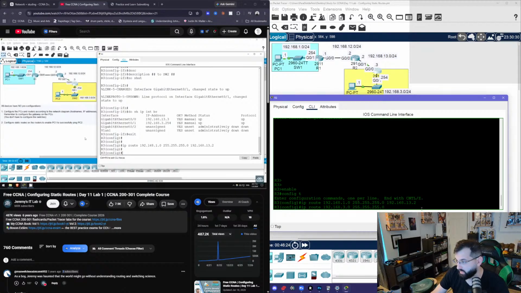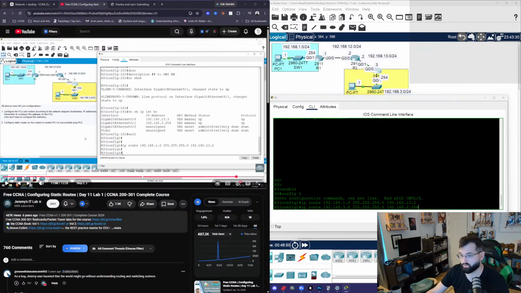And then we have our next hop, which should be 192.168.3.254? Question mark? Let's check the routing table.